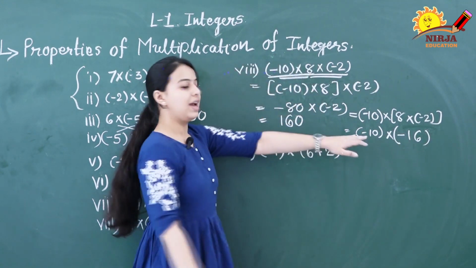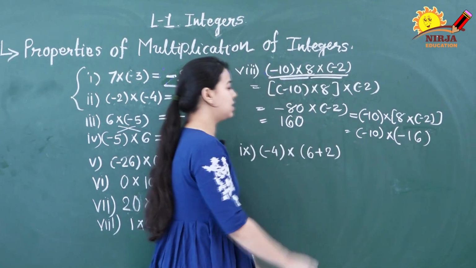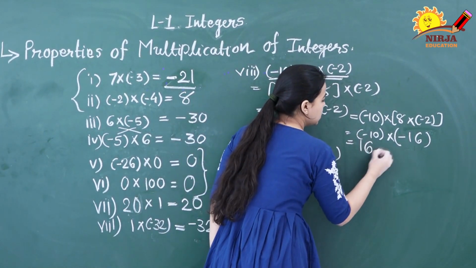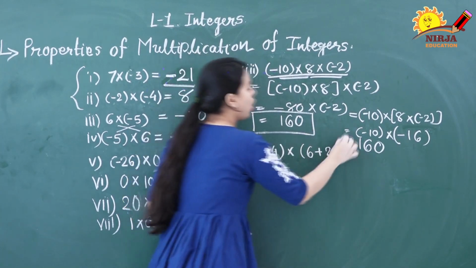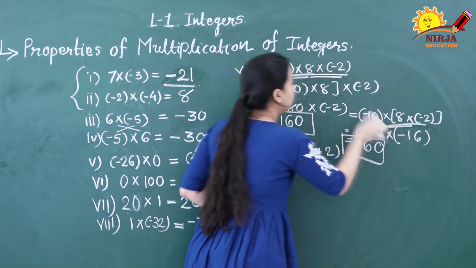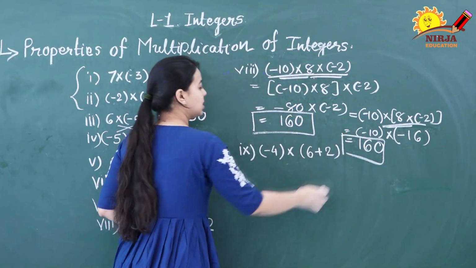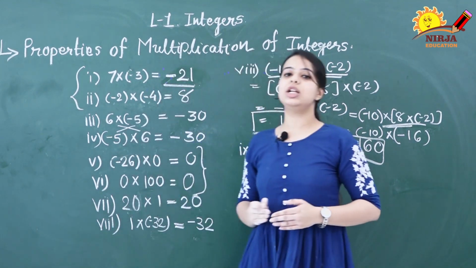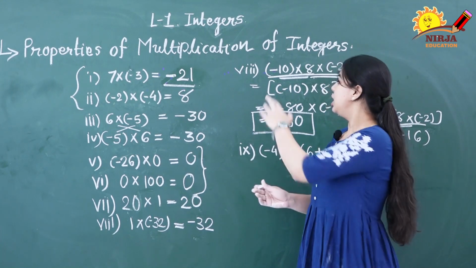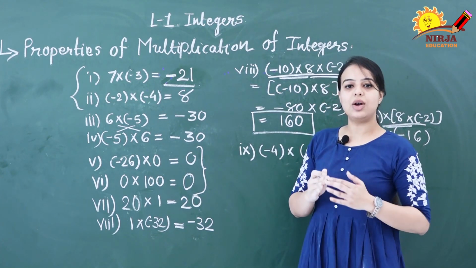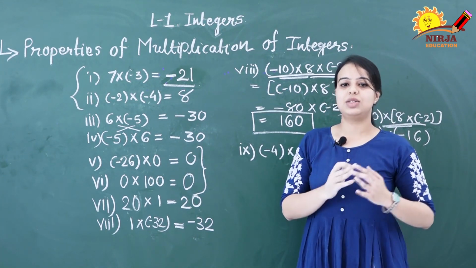Now we are having minus 10 multiplied by minus 16, and which will be 160. So if you have noticed, we have changed the grouping here, but we are getting the same result. So this is your associative property for multiplication, and it states that if we change the grouping, then also the result will remain the same.